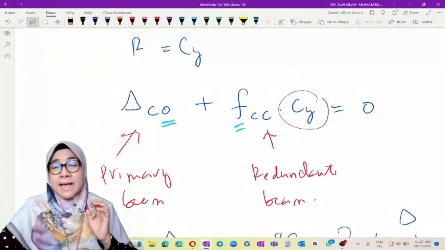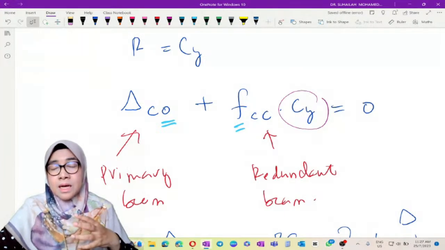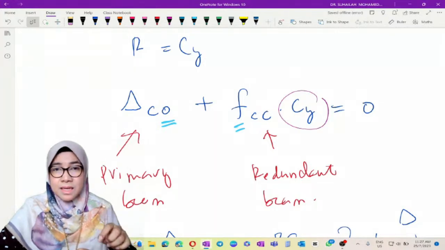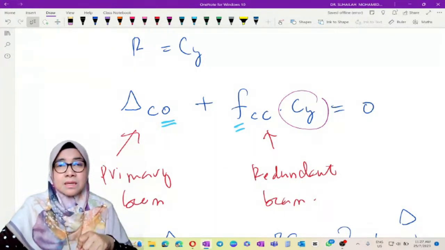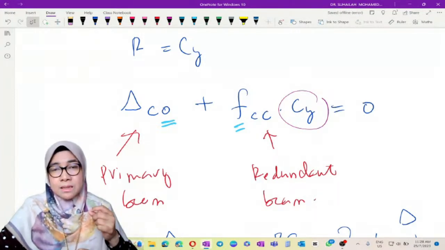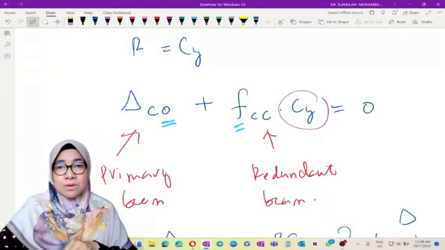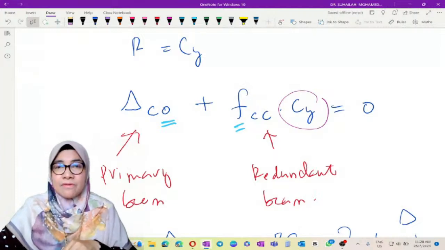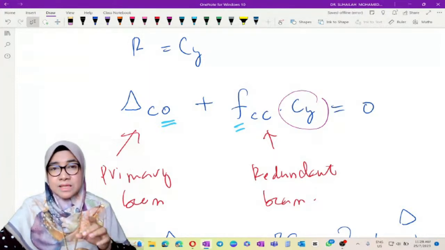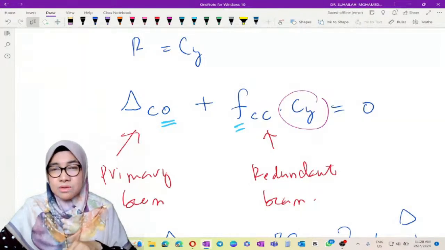So the displacement at C in the primary beam is called delta C naught. Delta C means displacement at C, for the primary beam. Naught is the label for the primary beam, so that is why we label it delta C naught. FCC is also deflection at C. The first notation is used for the position.